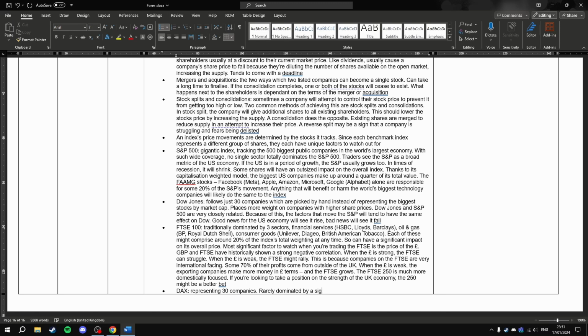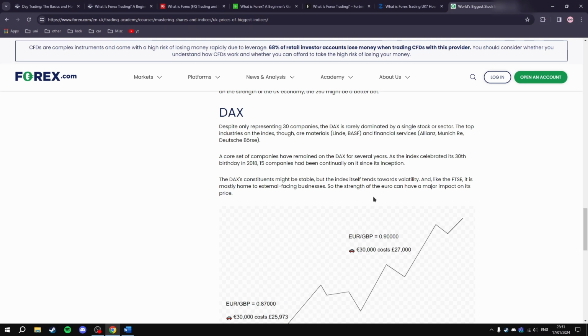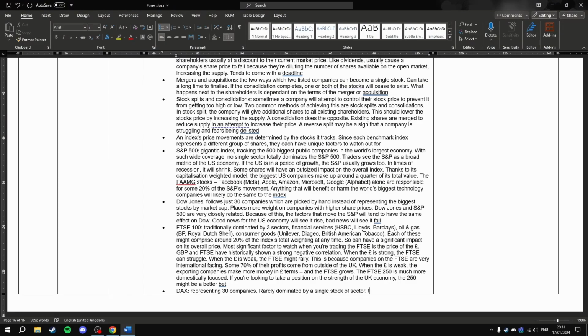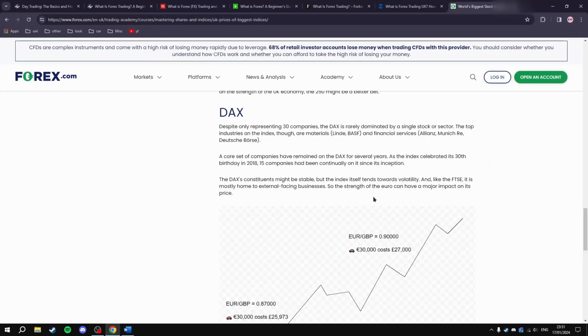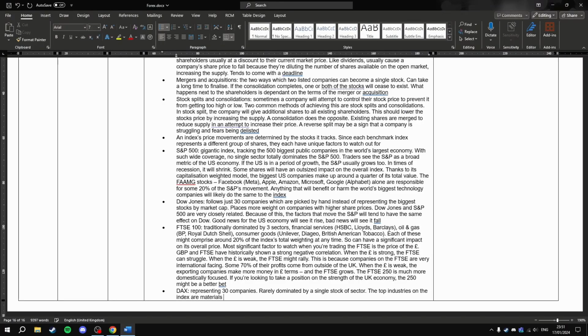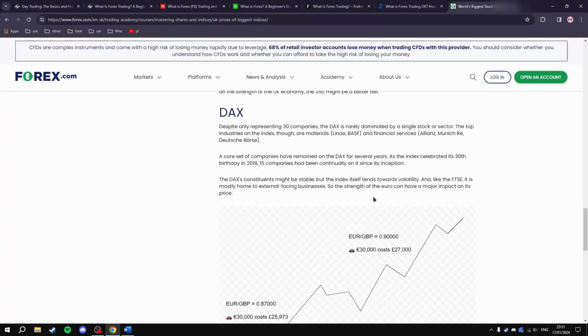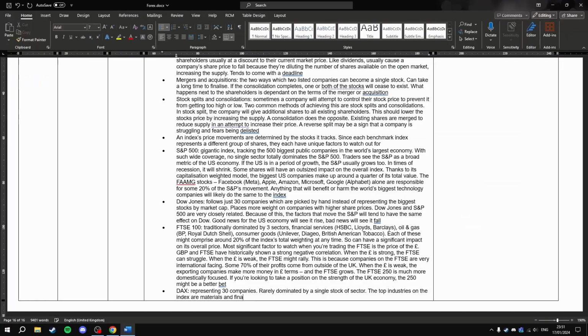The top industries on the index are materials and financial services.